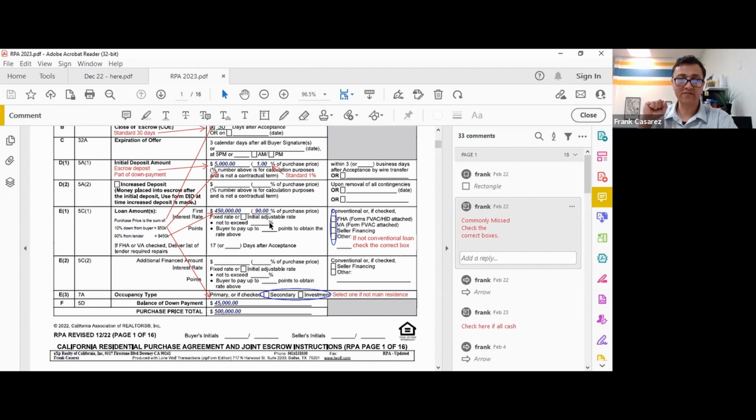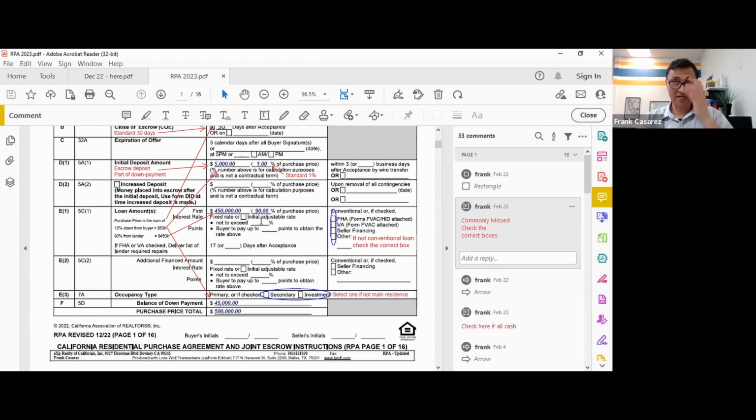Everyone understand that? If the seller agrees that the buyer's rate is not to exceed this, and then accepts the buyer, and then we find out later that the buyer's rate is going to be higher, that could be a possible escape loophole for the buyer.